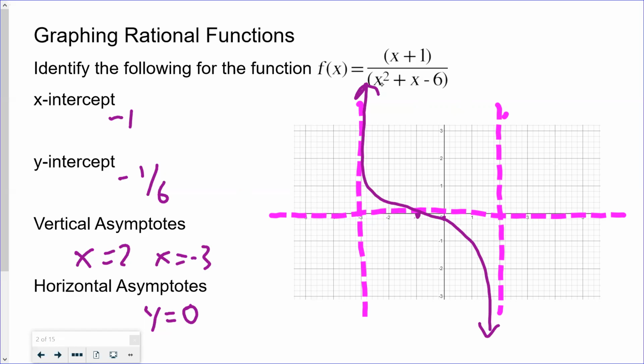Now, a cool trick I'm going to teach you about vertical asymptotes is they go opposite directions. So here at -3, if I'm going up on the right side, that means I'm going to be coming down on the left side. They go opposite directions. Now, over here at x equals 2, on the left side, it's going down, which means it's going to be going up on the right side of it.